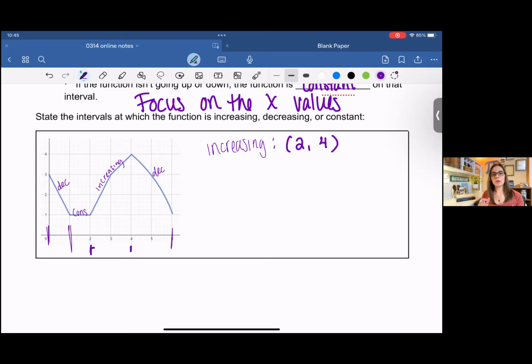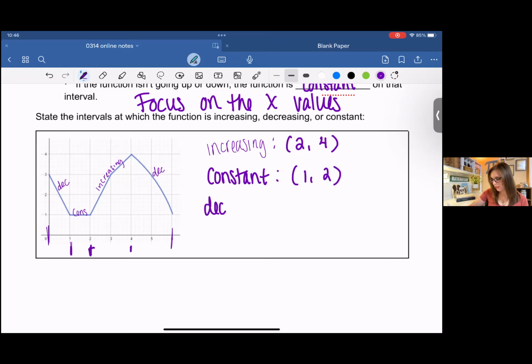And we're going to use parentheses here because even though it's a solid line, since I'm going to be using these values in several different intervals, I'm just going to use parentheses. And then it is constant from here to here, and that is, again, I marked out my number, there we go, 1 to 2, x values.